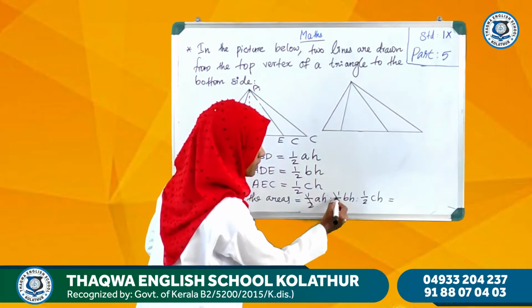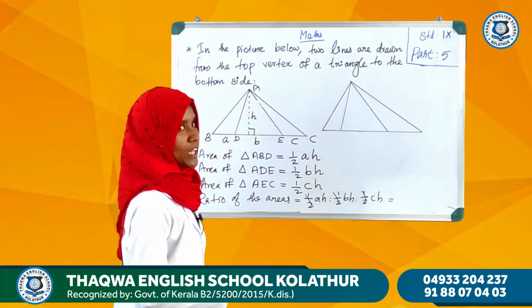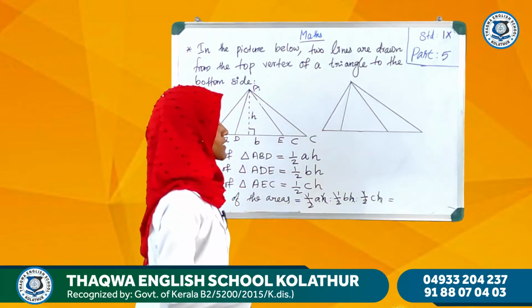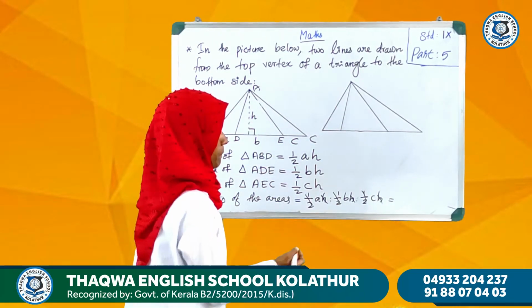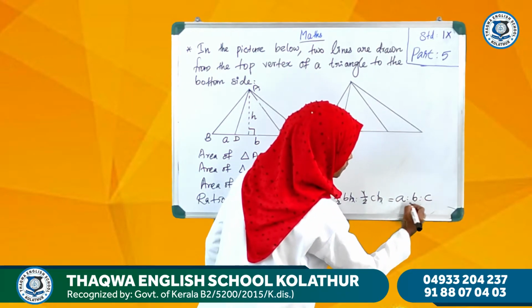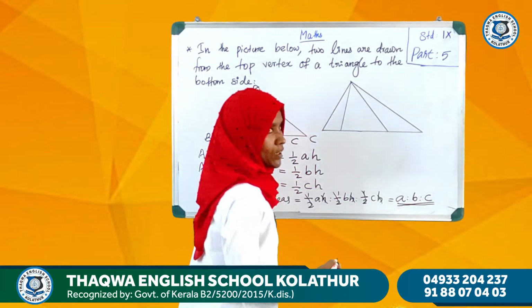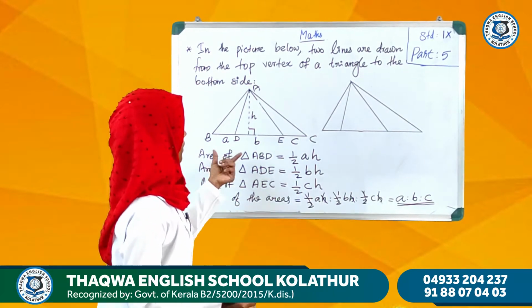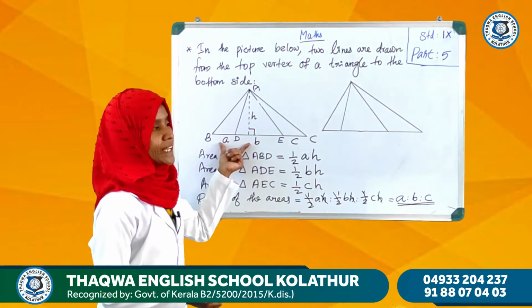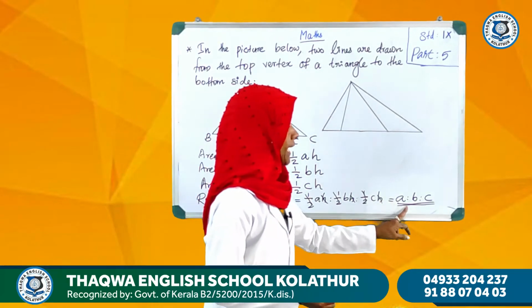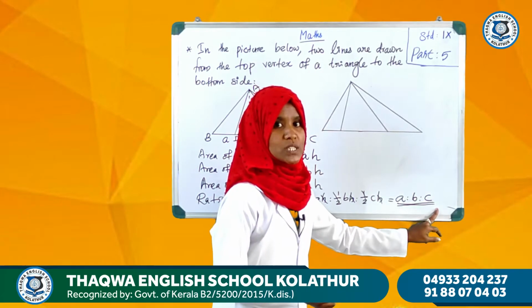Let us cancel half, and H also. What is remaining? A is to B is to C. So the ratio of areas of the smaller three triangles is A is to B is to C.